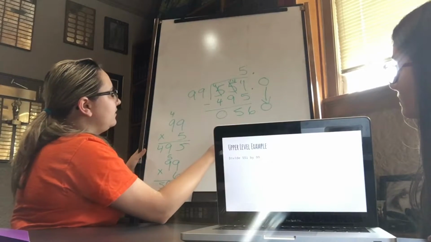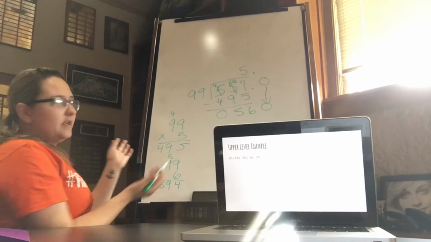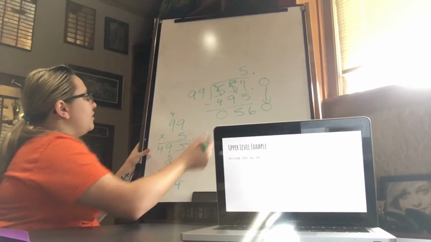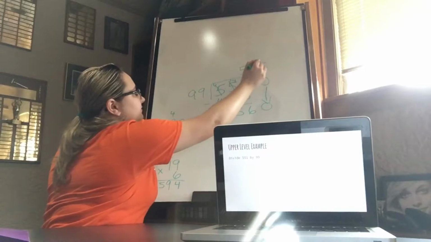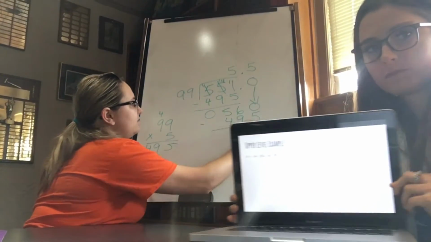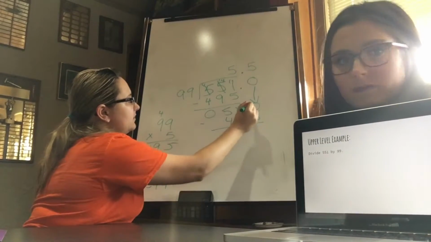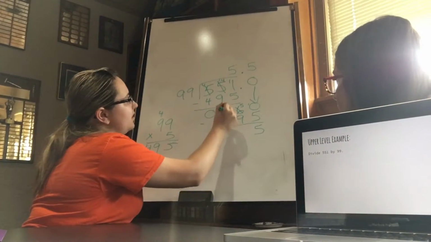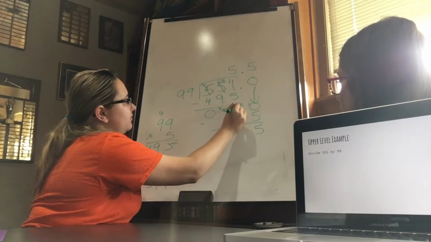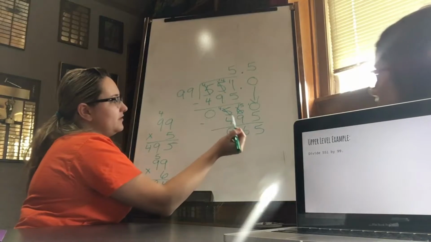So once again, 560 is in the middle of the 5 and 6 answers from 99. So we'll go ahead and do the 5 again. So 560 minus 495, you're going to carry from the 6, that's going to be a 5, and you're going to carry from the 5 to make 6, and the 4 minus 4 is 0.